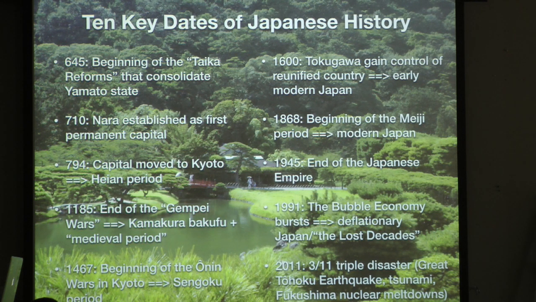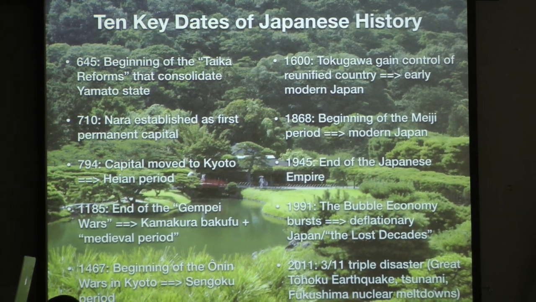You were registered as an existing person through your Buddhist temple, which is why, beginning in the Meiji period in 1868, the descendants of the losers from 1600 and a bunch of other disaffected low-ranking samurai got together and overthrew the Tokugawa shogunate, because it was very well suited for early modern society but was not well suited to deal with the demands of powers such as the United States and Great Britain, which wanted trade access, whaling rights, and various other things, and which in the 1850s and 1860s were basically directly threatening Japanese politicians with, look at what we did to China. You don't want that to happen to you. Sign our treaties.